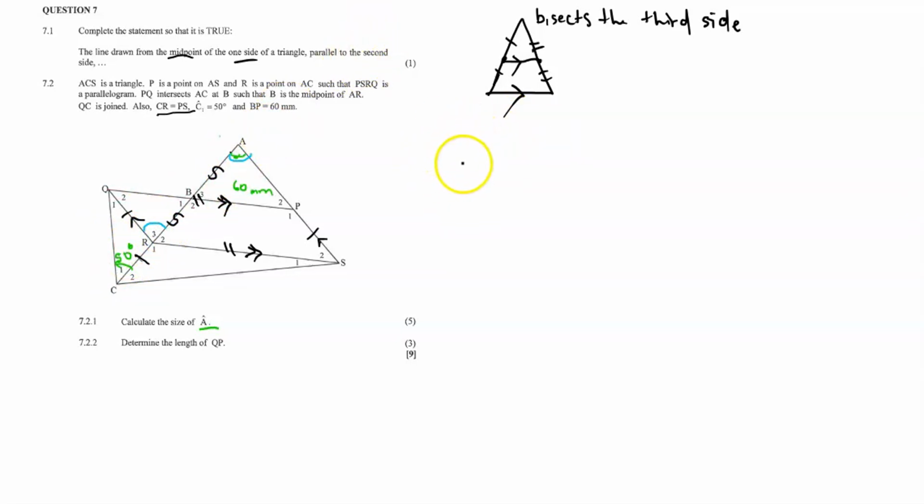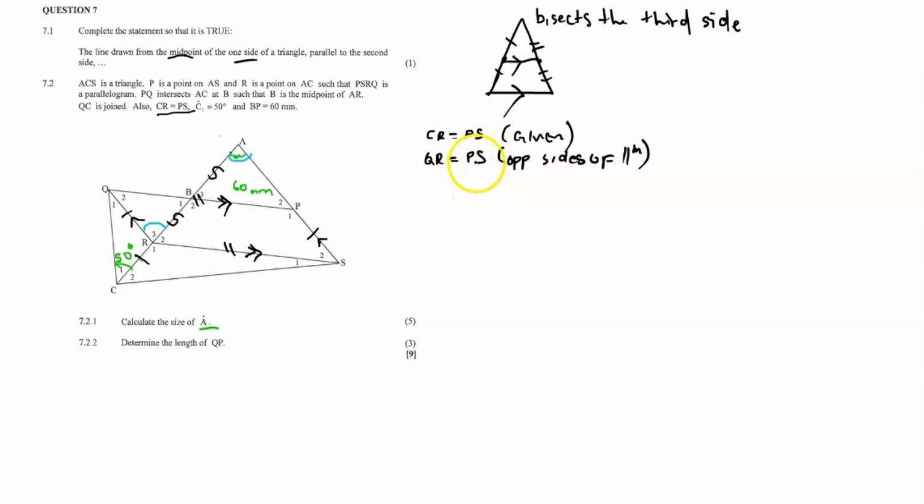So we are going to say CR is equals to PS. We were given that. And then we know that QR is equals to PS because they are opposite sides of a parallelogram.